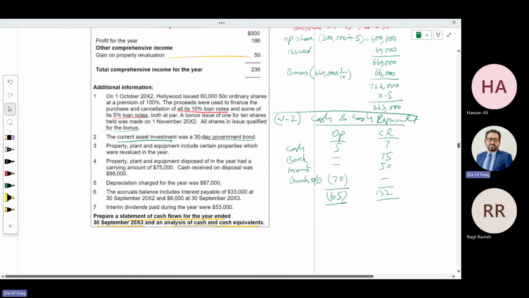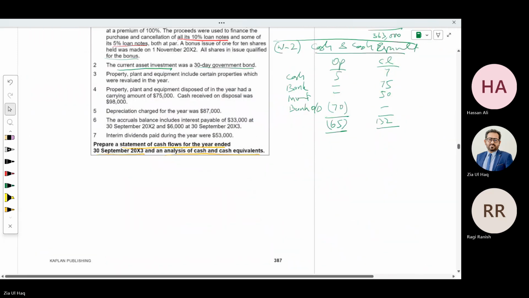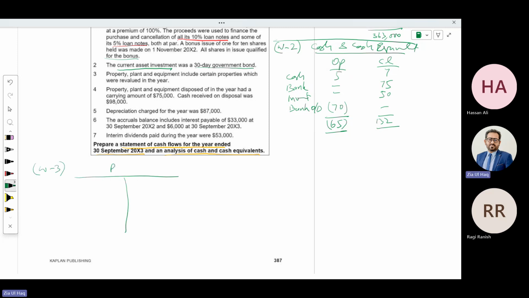And there is some other information as well. Property, plant and equipment disposed of in the year had a carrying amount of 75,000. Cash received on disposal was 98,000. Now we need to open working 3, where we will open an account for property, plant and equipment.